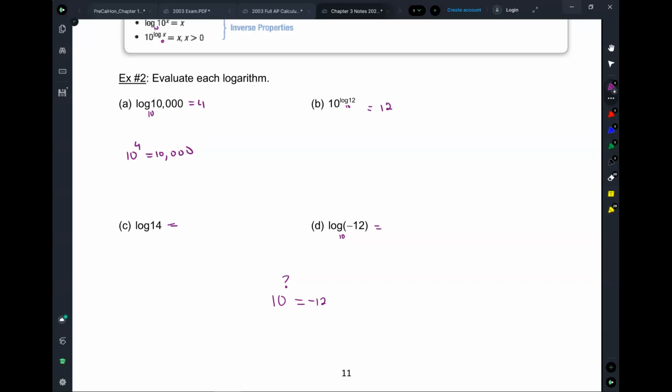There is no way you can raise this to an exponent and get a negative number, because 10 to the 2 is positive. 10 to the negative 1 is 1 over 10. 10 to the 0 is 1. So this is no solution because of this negative.